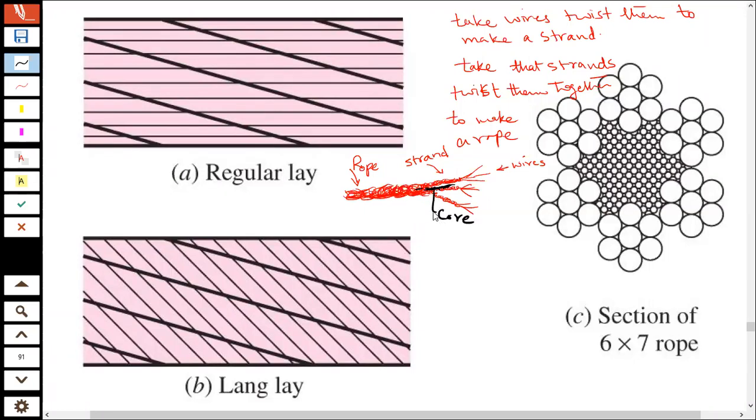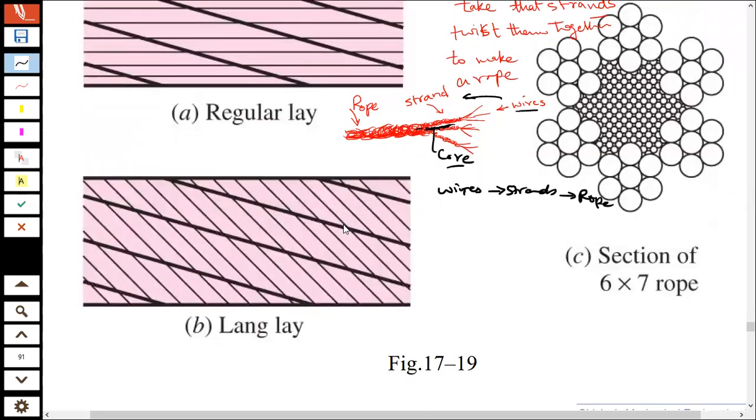So we have a core, then we have wires, and when we twist these wires we make strands out of them, wires to strands, and then strands to ropes. Now there are two types mainly of ropes that we make.